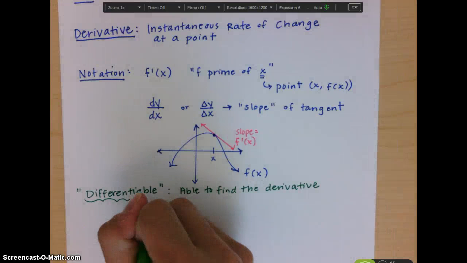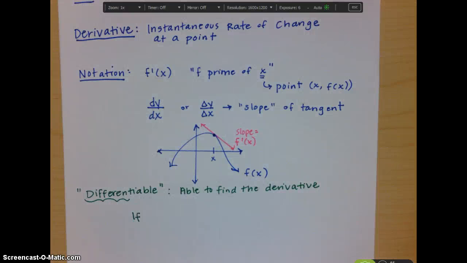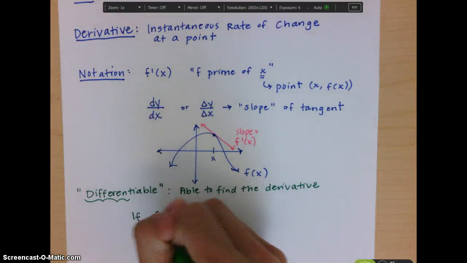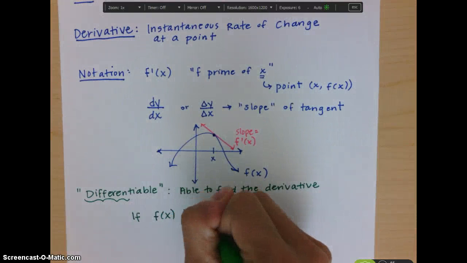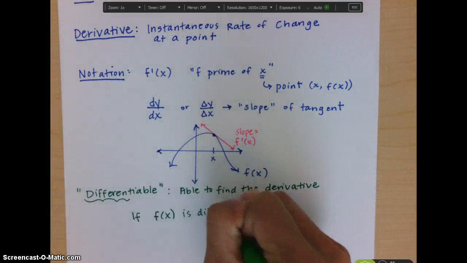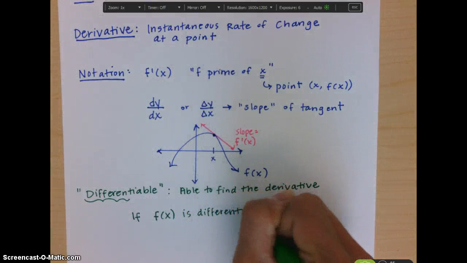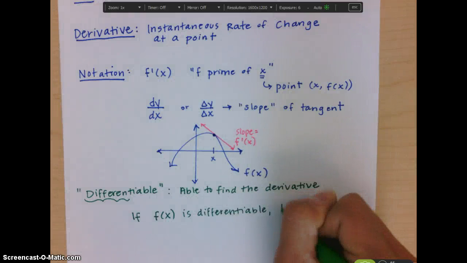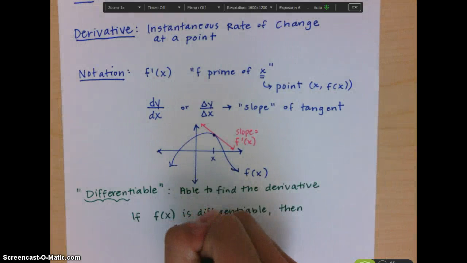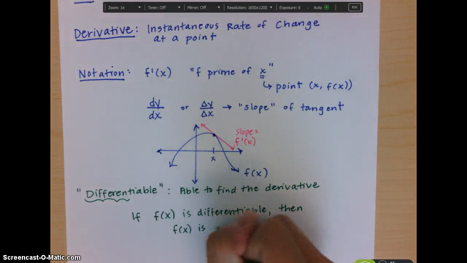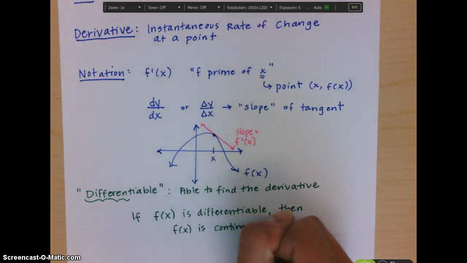So we're going to start off by making a statement here that says, if our function f of x is in fact differentiable, then that same function f of x is also continuous.